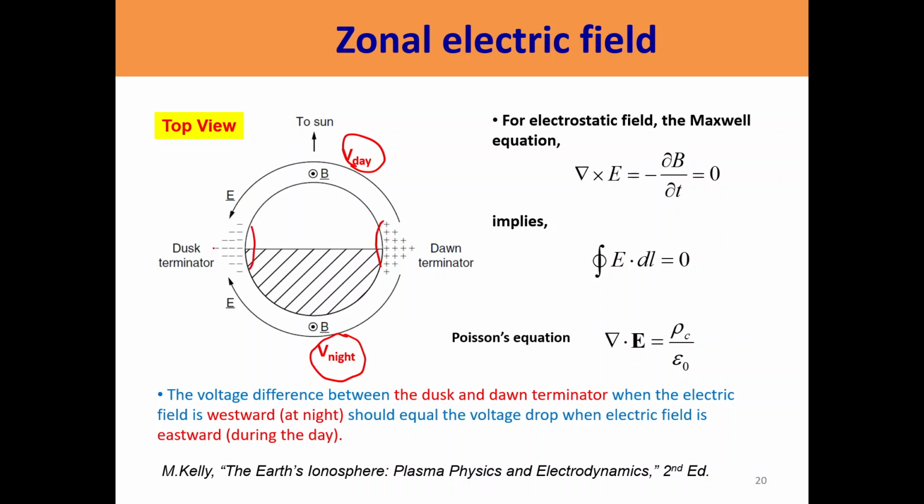For example, at dusk, you have the dusk terminator with this ion and electron accumulation, and then at the dawn terminator, you have this type of ion accumulation. And this is the source of the zonal electric field. So it's not due to the Earth's rotation, it's due to the accumulation of ions and electrons at the terminators that causes this type of different direction.